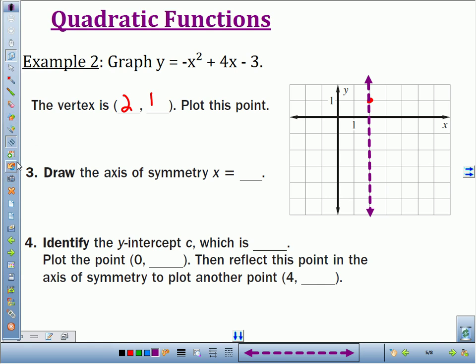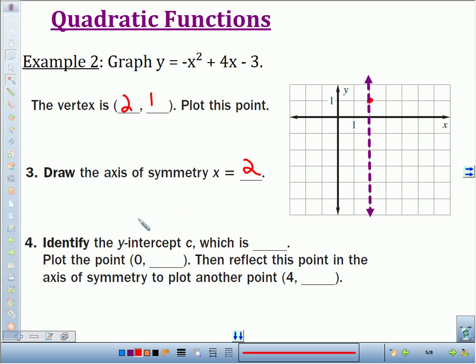So I'm going to go ahead and draw it now. And when you're doing this on your own, you don't necessarily need to draw the axis of symmetry. But as long as you keep it in mind, life is going to be easier for you. Now, the axis of symmetry is at x equals the x value. And this line is x equals 2.